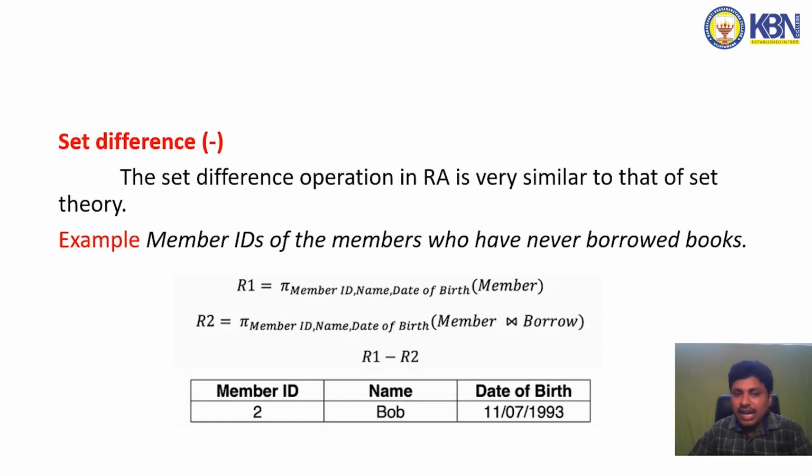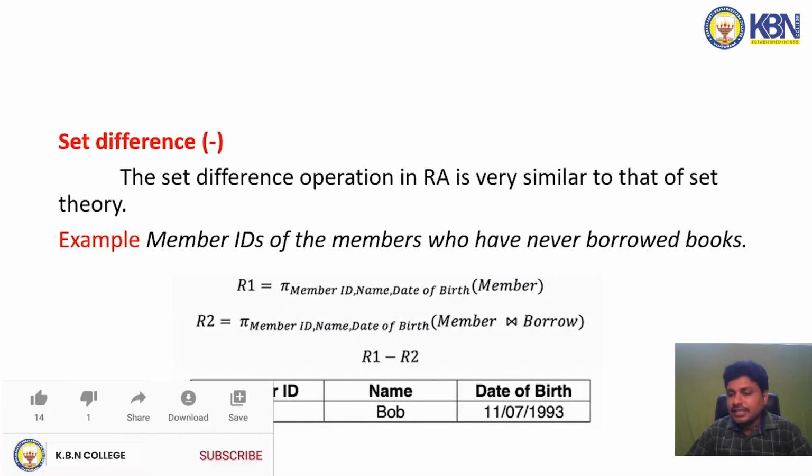So we have to take relation 1, which is the member relation. So I am projecting the member ID, name, date of birth from the member relation. And we have another relation, member ID, name, date of birth. We combine the two relations because we have the set difference.